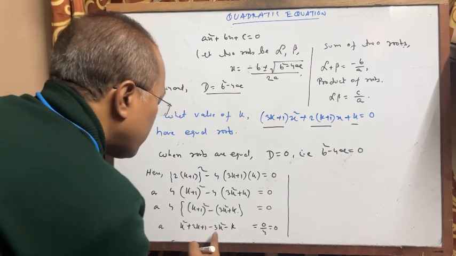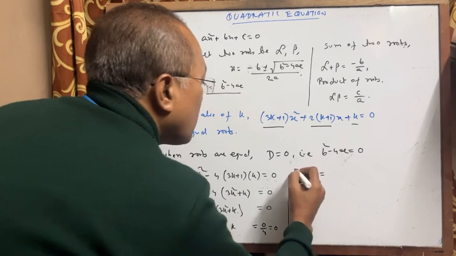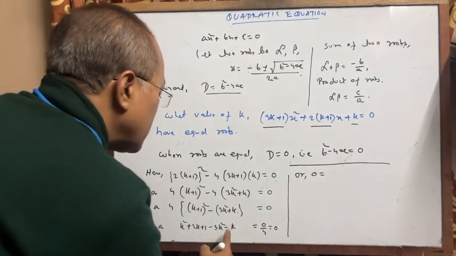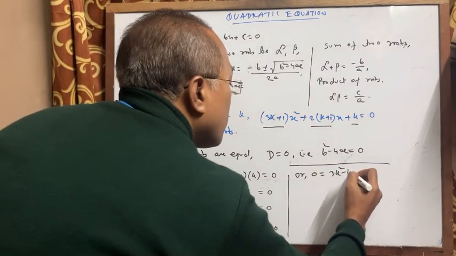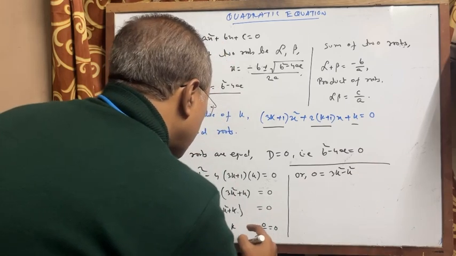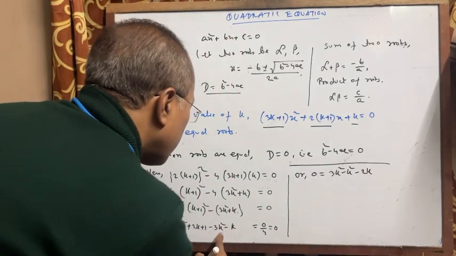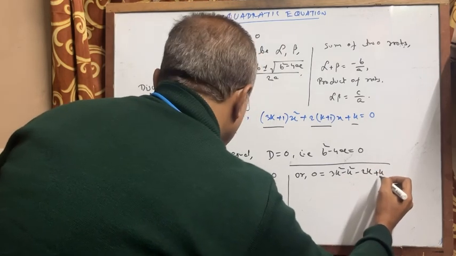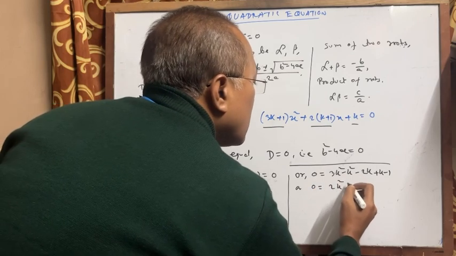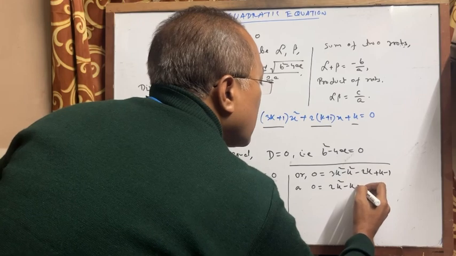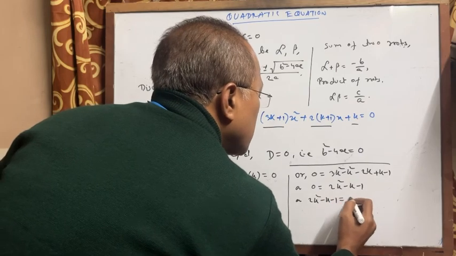Or we can write 0 is equal to 3k square minus k square minus 2k plus k minus 1, or 0 is equal to 2k square minus k minus 1, that is, 2k square minus k minus 1 is equal to 0.